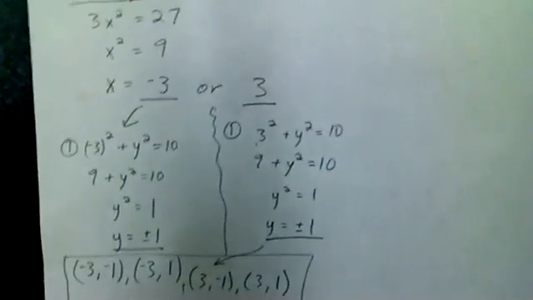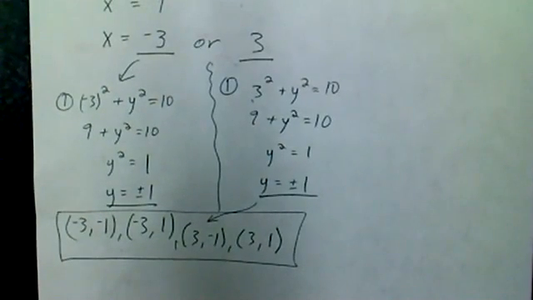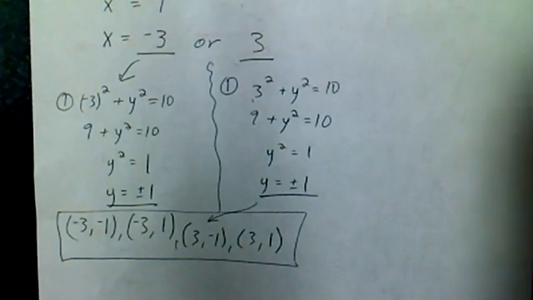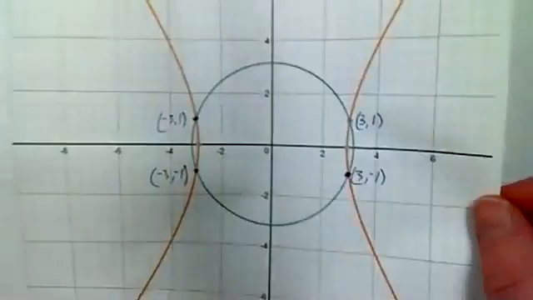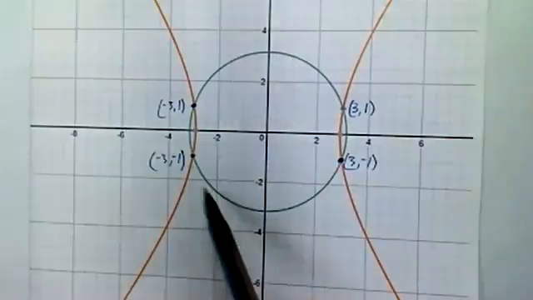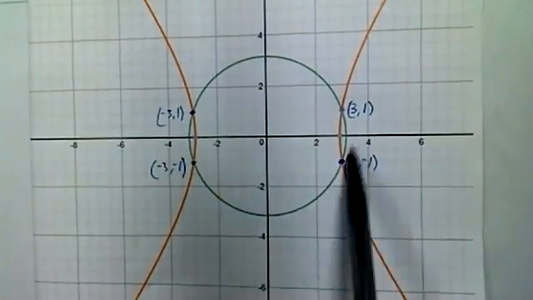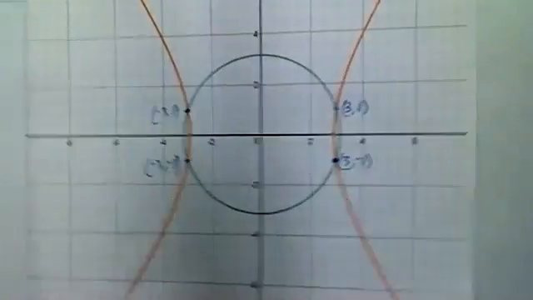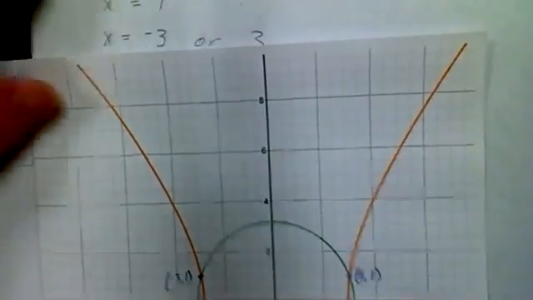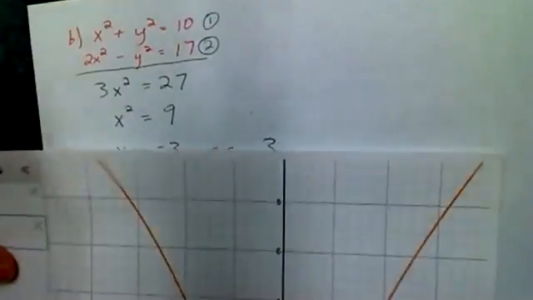Are the graphs really intersecting in that many places? Well, one good way to check is bust out your calculator. I took the liberty of graphing these things. What you'll see is this green circle, that's the first equation, x squared plus y squared equals 10. Now this orange one, that's the other one, 2x squared minus y squared equals 17.